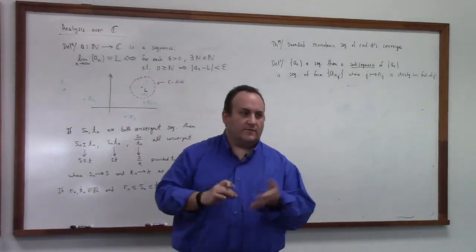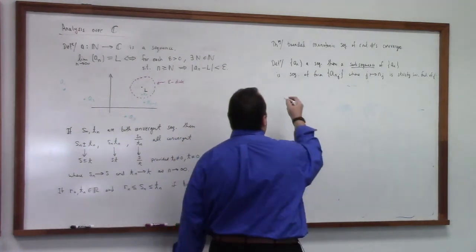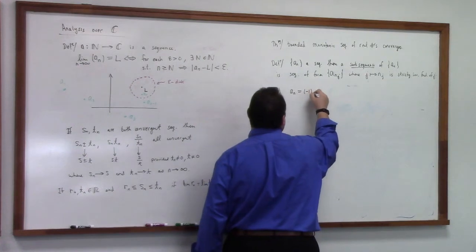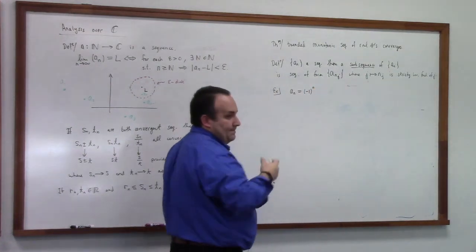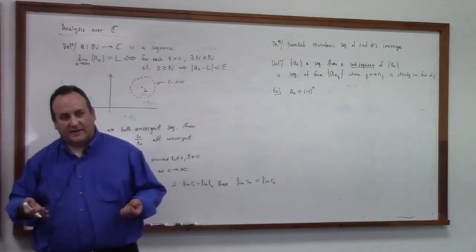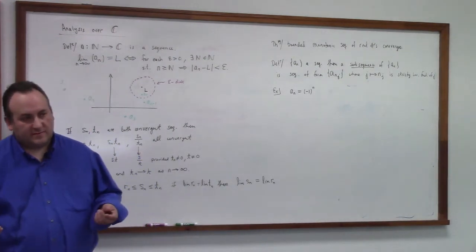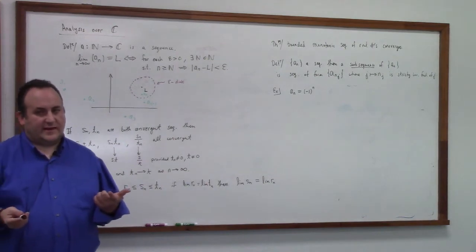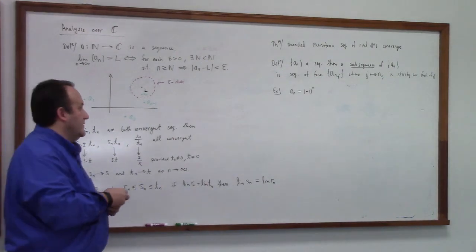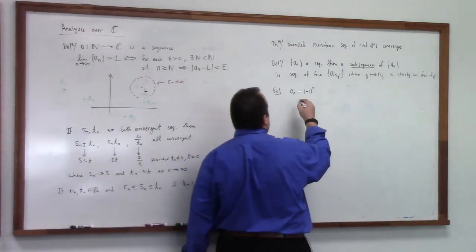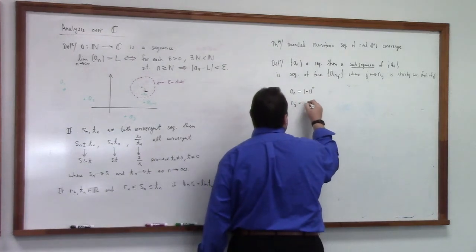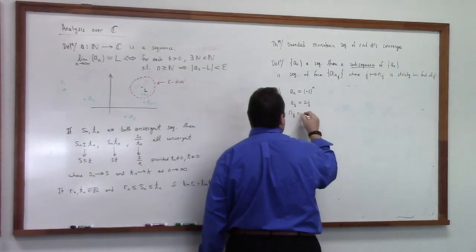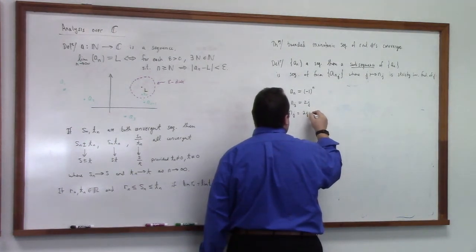So, for example, you could have a_n equals (-1)^n. This is a sequence. Often the subsequences we like to look at are, in this case, n_j equals 2j, or n_j equals 2j minus 1.